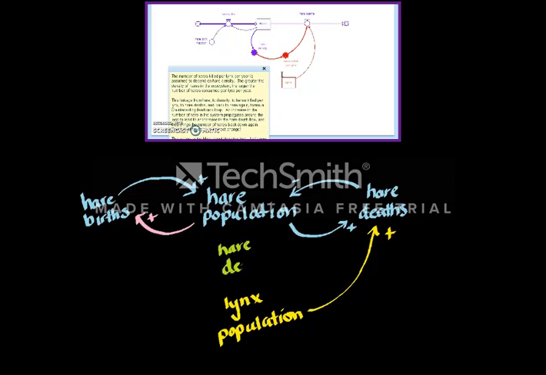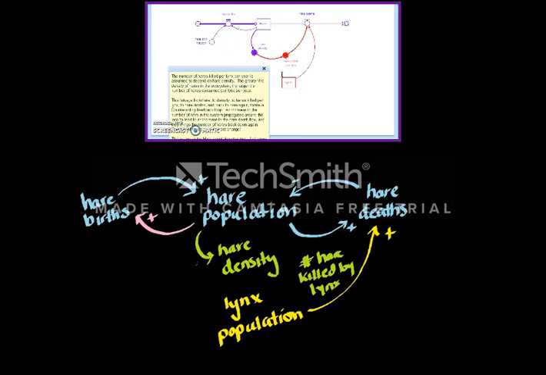As I continue on with my model, I notice that it gives us two more variables. We have hare density, and we have the number of hare killed by our lynx. Remember, density is just how much is packed in one area. So hare density is how many rabbits actually live in a small area.